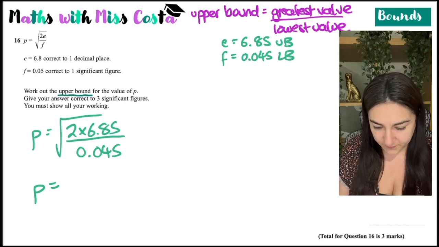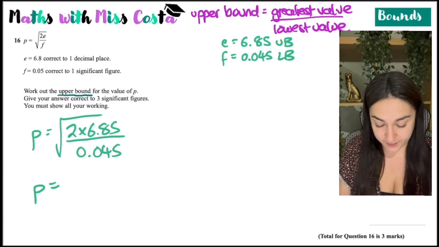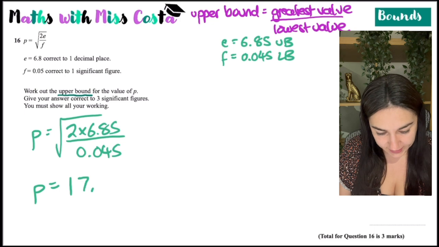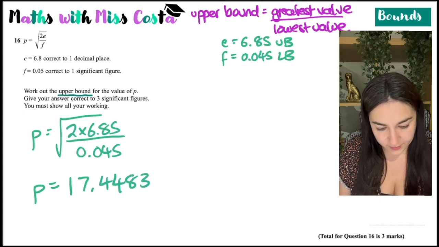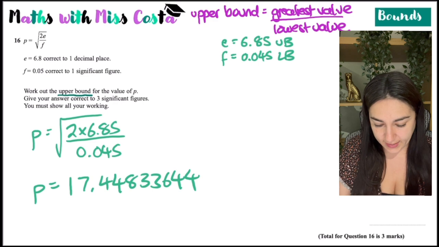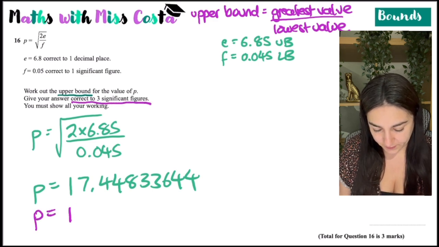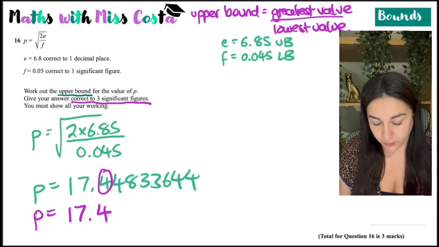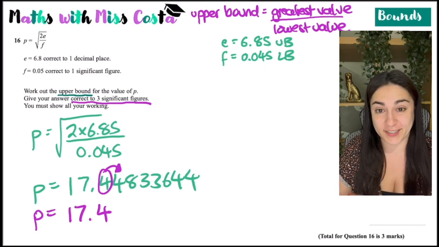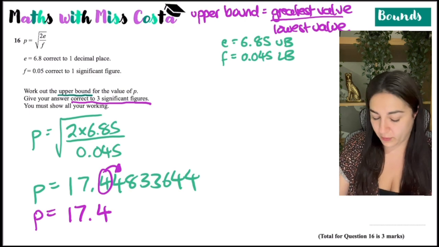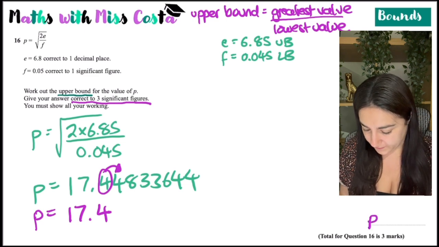That would be 2 times 6.85 over 0.045, and my final answer is 17.44833644. It says give your answer correct to 3 significant figures. Circle the third digit, I look next door. If the answer is 4 or less, just ignore it, leave it as is. If it's 5 or more, I round up. So p is 17.4.